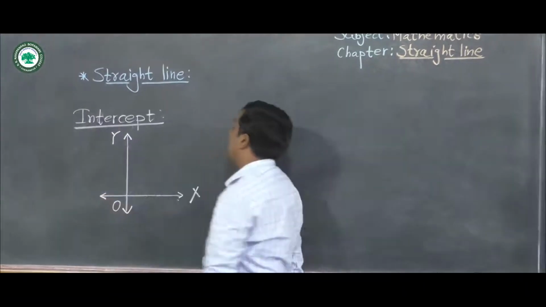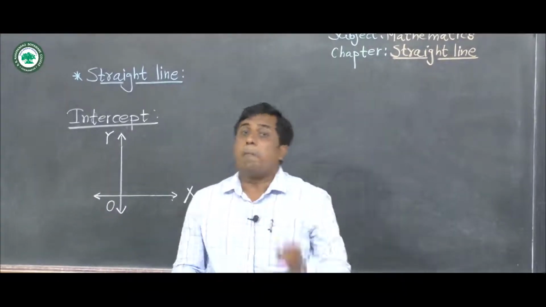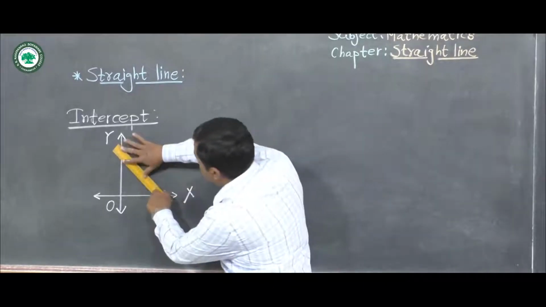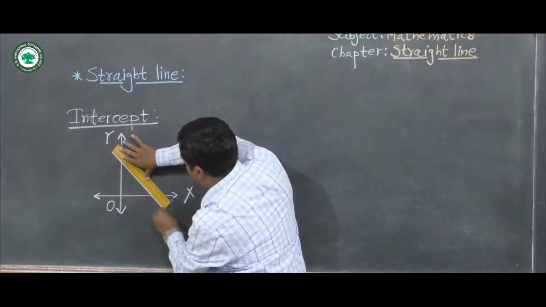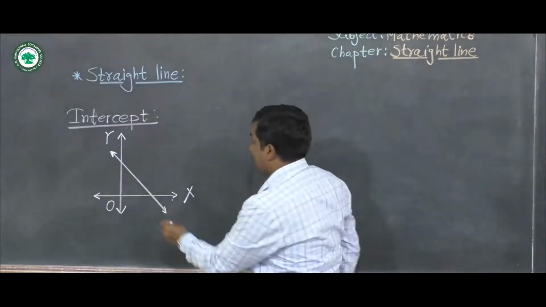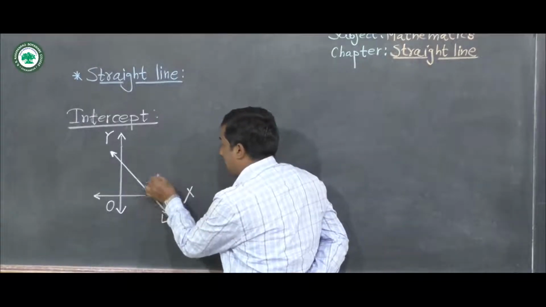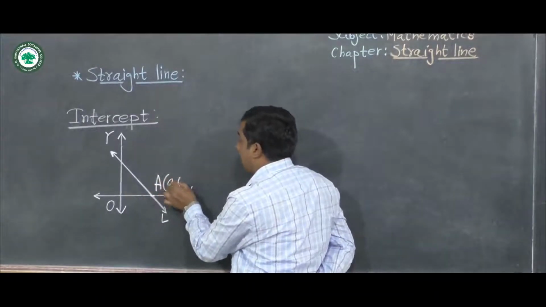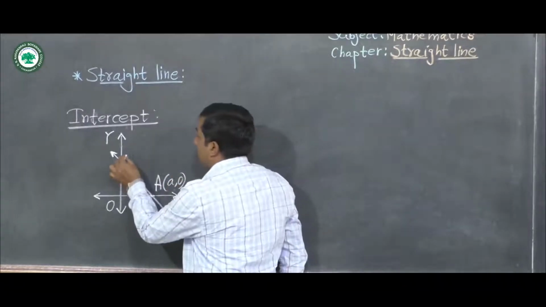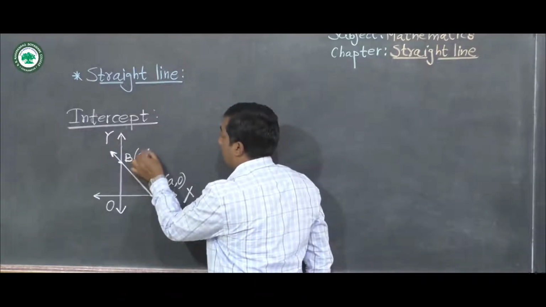Here the origin is at O. Let us consider one line passing through the points A and B. Suppose this is our line L1, and this line L1 passes through the point A. Suppose here is our A having coordinates (a, 0), and on the y-axis we consider point B having coordinates (0, b).